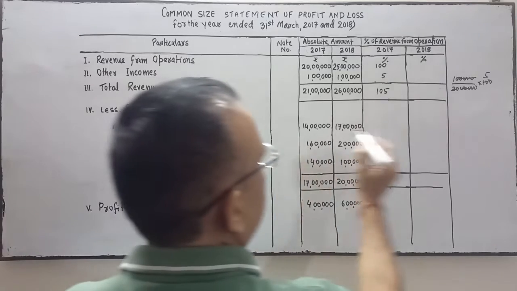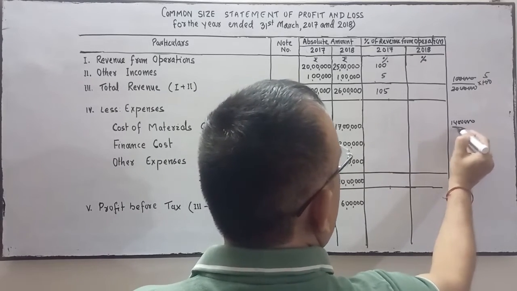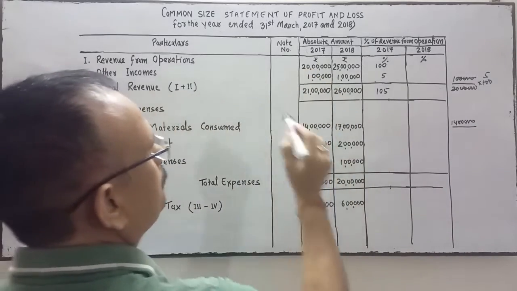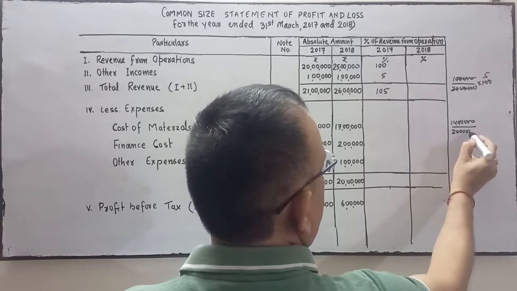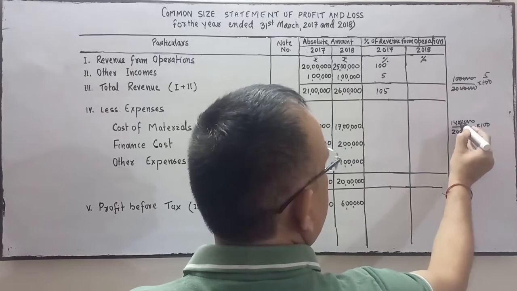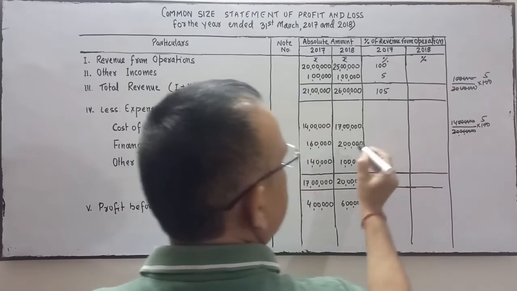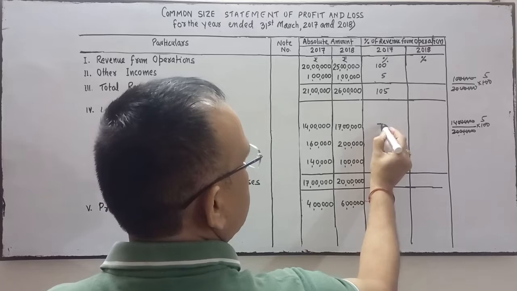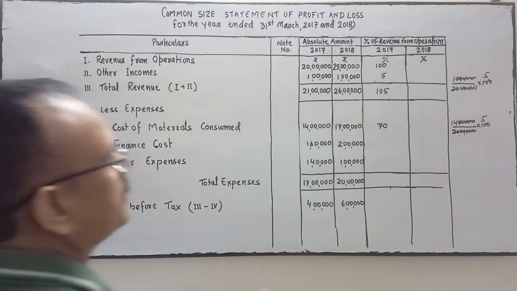Now we'll calculate 14 lakhs upon revenue from operation, how much? 20 lakhs, into 100. Okay, so it is 70%. Is it clear? It's 70%.